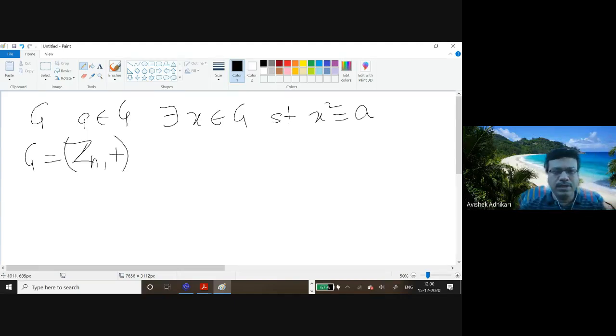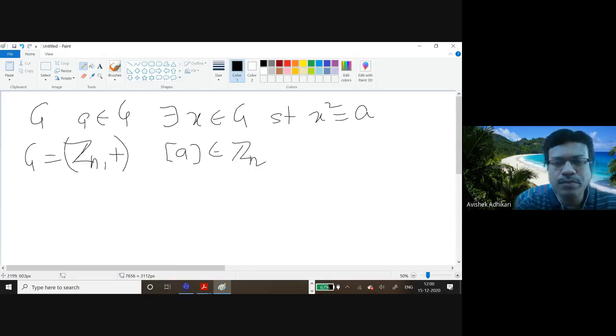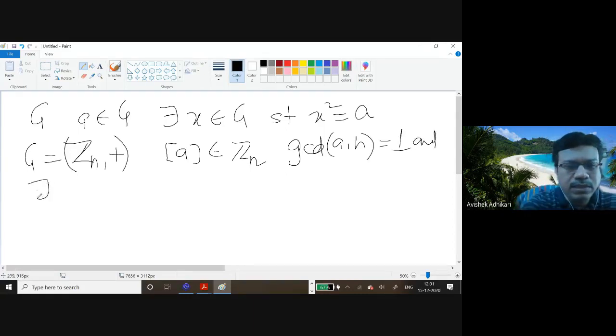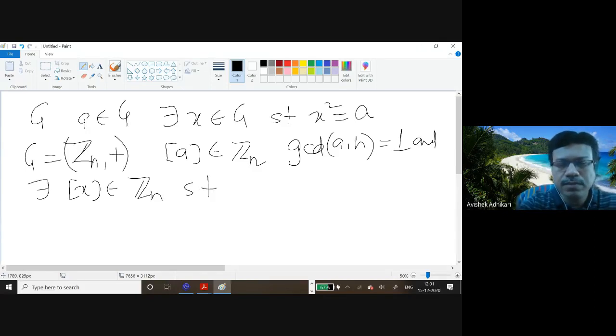If we consider G to be Zn plus, then an element, a class A belonging to Zn, is said to be a quadratic residue modulo n if GCD of A and n equals 1 and there exists some class X belonging to Zn such that X squared equals class A. So that's the same definition.